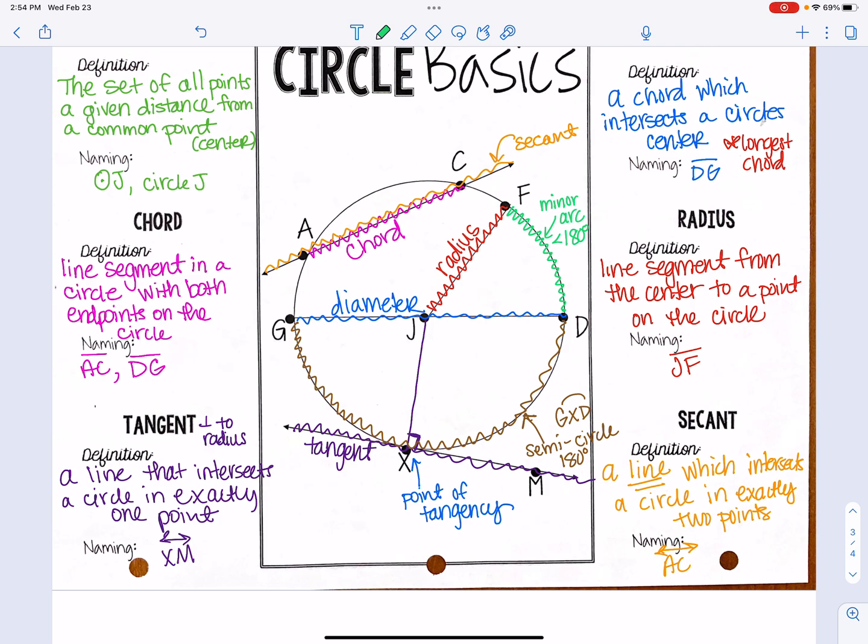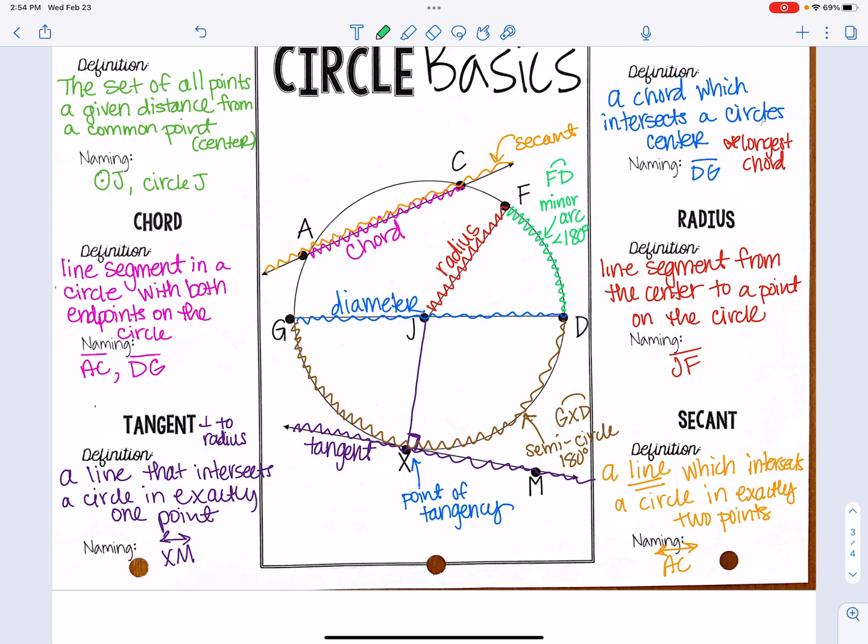Minor arc, less than 180 degrees. And you name a minor arc with 2 letters. So we would name this FD with the little arc over it. 2 letters. That's going to tell me it's small. We're just going that short space. Because otherwise, I could go the other way around, and that would be a major arc.